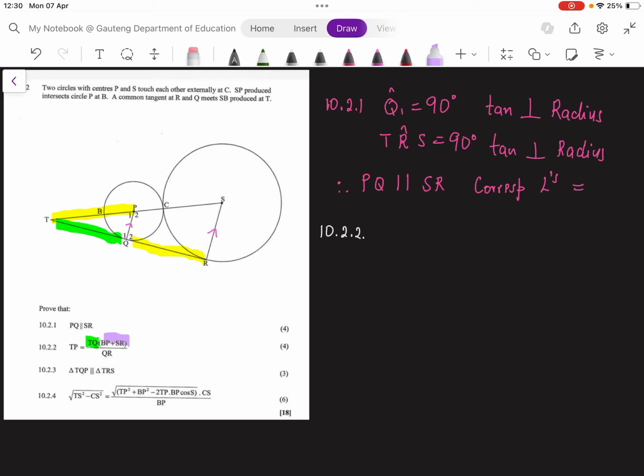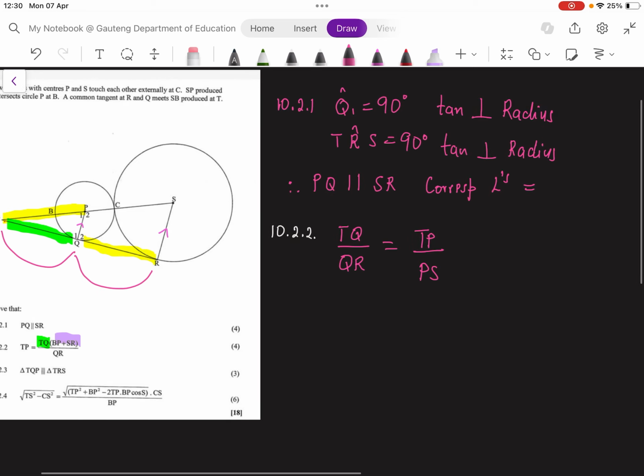Now, from the diagram, since we have proved that these two lines are parallel, we can say TQ over QR is the same as TP over PS.